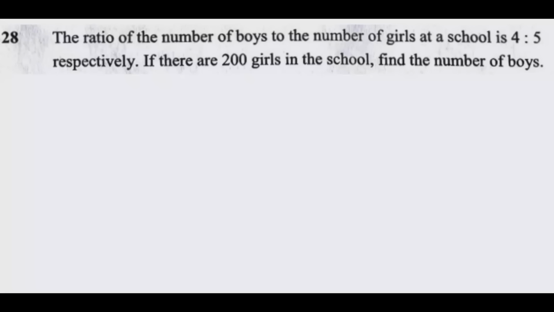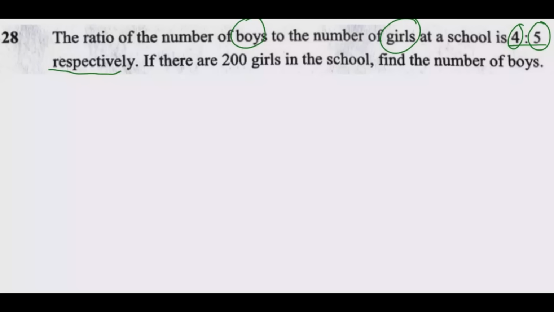Here you need to understand the word respectively. It means in that order. So in the ratio 4 to 5, the first number 4 is for boys and the second number 5 is for girls.